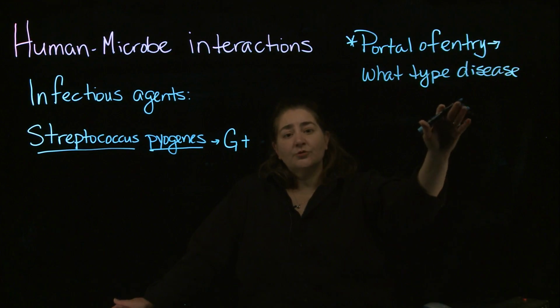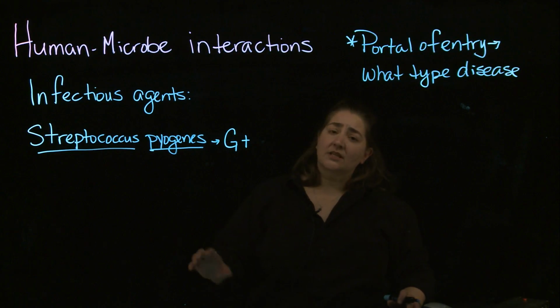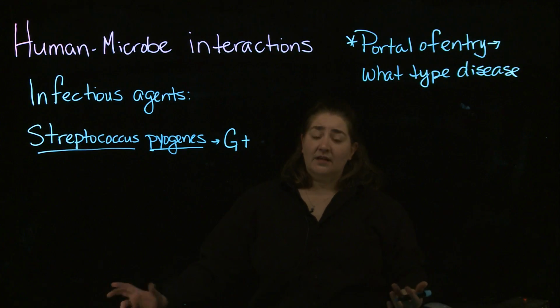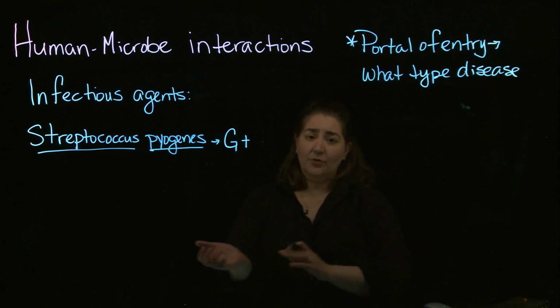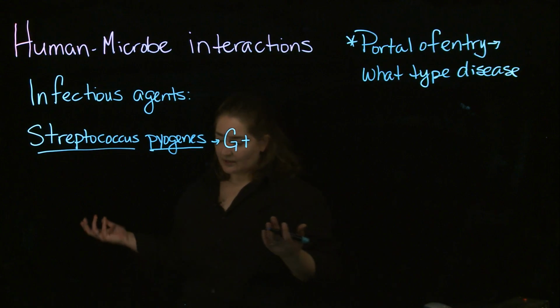This is really more true for bacteria than it is for viruses. If it gets in the throat, it's going to cause strep throat. If it enters via the skin, via a cut or a wound, then you're talking about necrotizing fasciitis, okay?